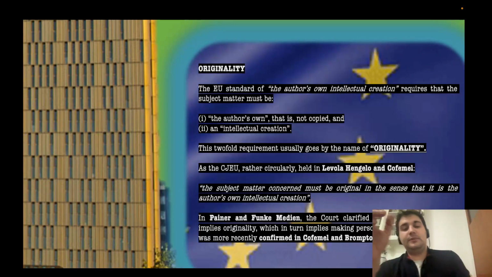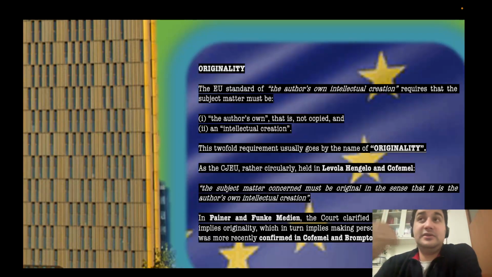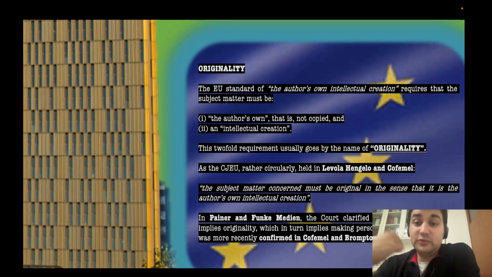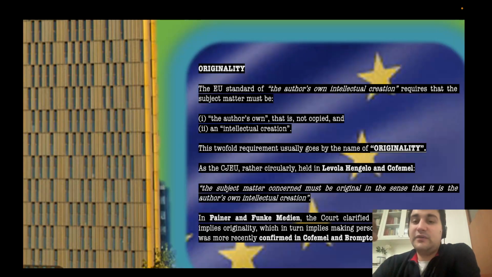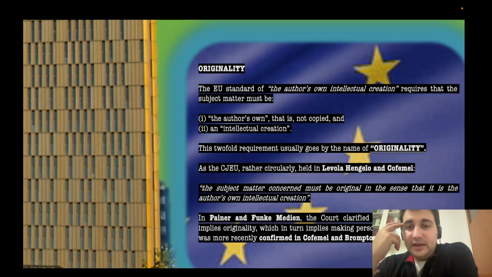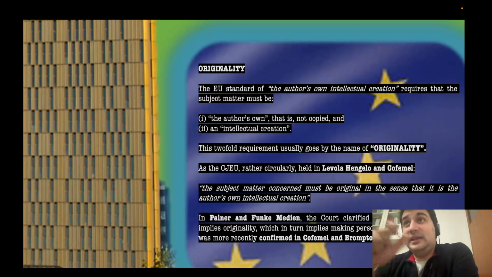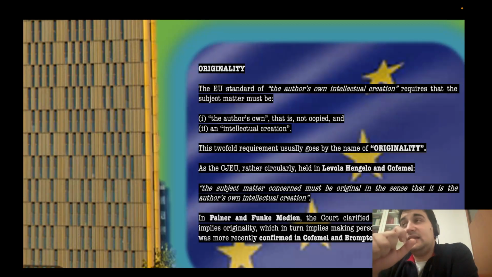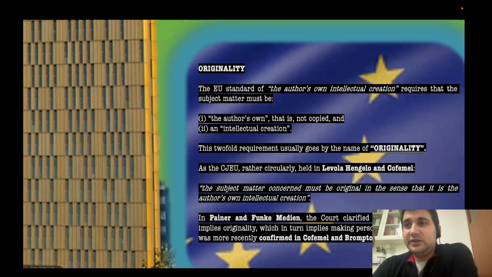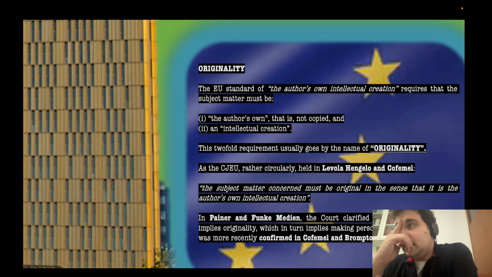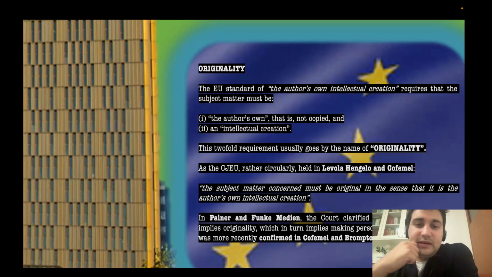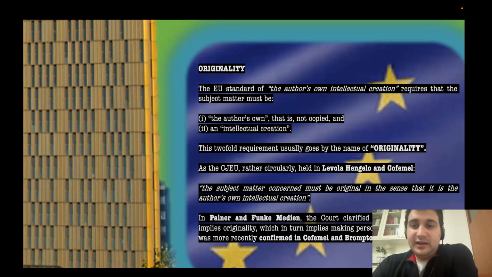From here we know that there is an author, hence the authorship requirement, that there is an own, author's own, so something that is owned by the author and is related to the author and doesn't have any other infiltration by any other agent, hence the direct link, and the fact that it needs to be an intellectual creation.